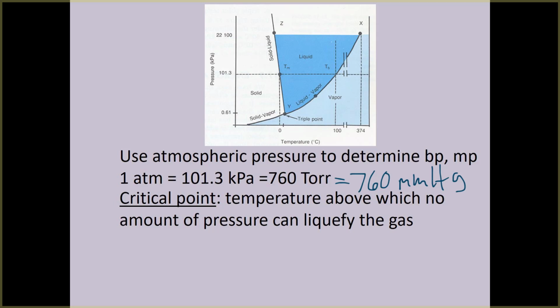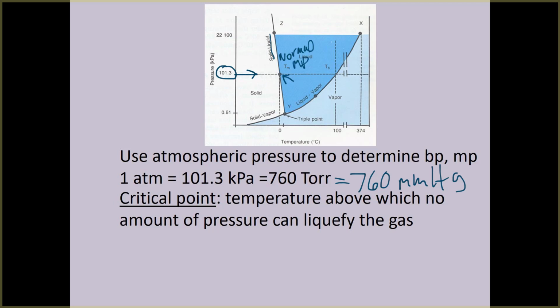You have to figure out what unit the pressure is going to be measured in, and then when you find out whatever the unit is, you can find standard pressure. So this is in kilopascals, so I'm going to find the 101.3. I'll just draw that pressure line across, and where it crosses the solid liquid line, that is my normal melting point.